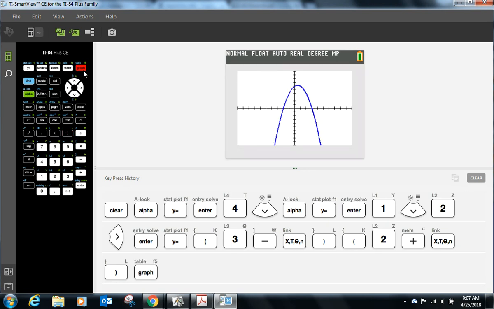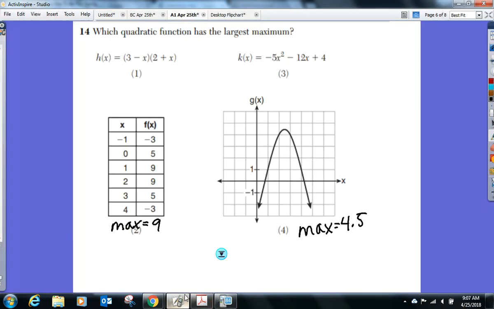There's the graph. Maximum. Let's see. 1, 2, 3, 4, 5, about 6. Everyone agree? All right, so that's not going to be my answer. So the max is 6 here.